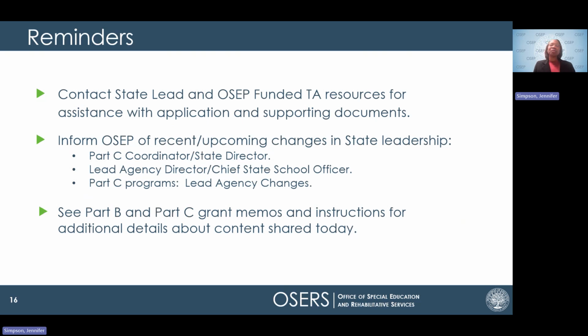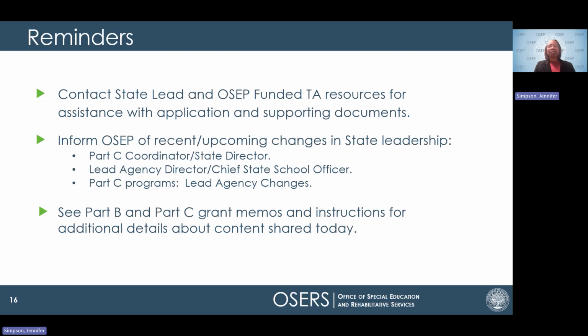Please inform OSEP as soon as possible if there's been any change in your state leadership. So if there's a new Part C coordinator or state director, new lead agency director or chief state school officer, or if your program is going to undergo lead agency changes and you have not informed OSEP of those changes. It's very important that we have this information so we can ensure that correspondence that's sent to your state related to the grant application has the correct addressee.